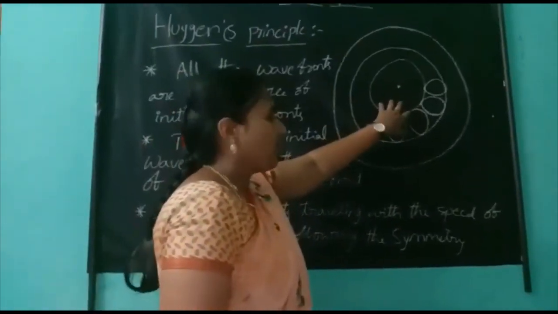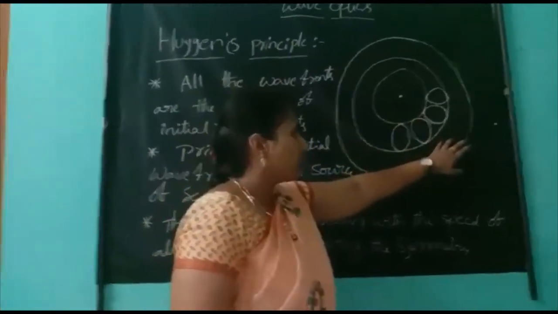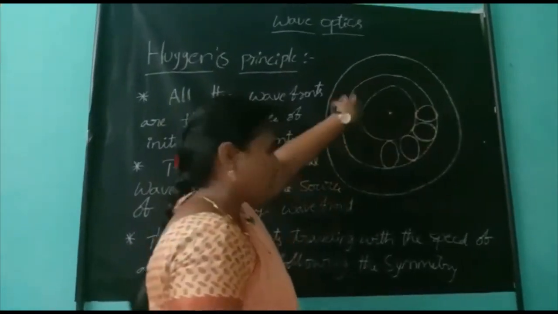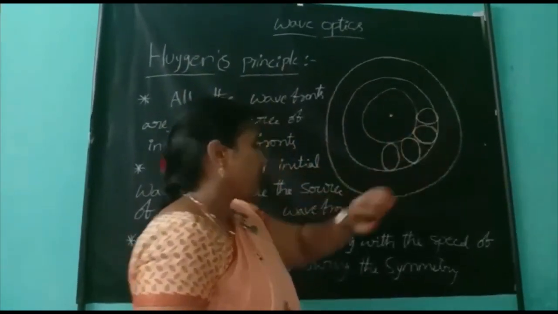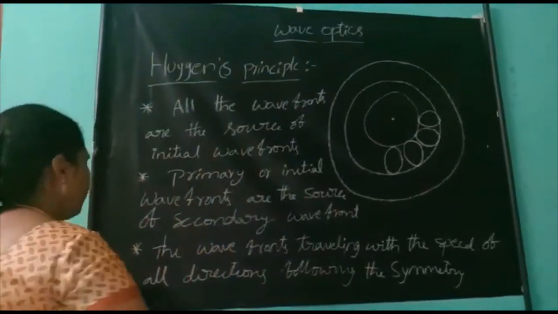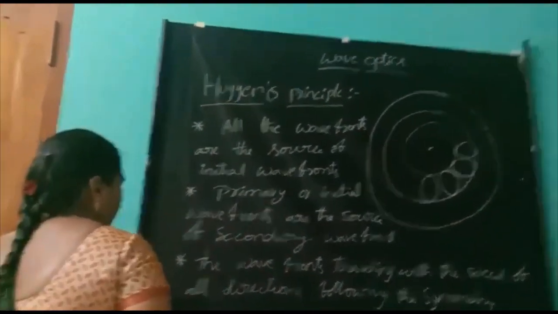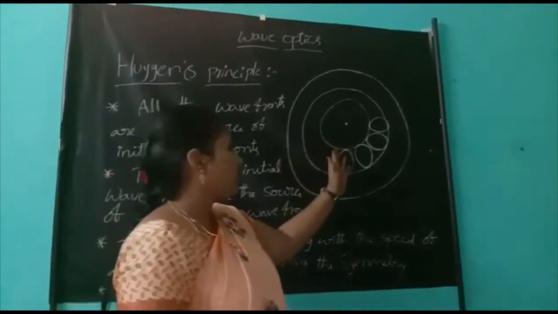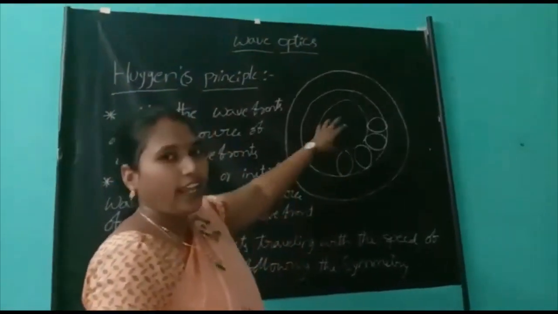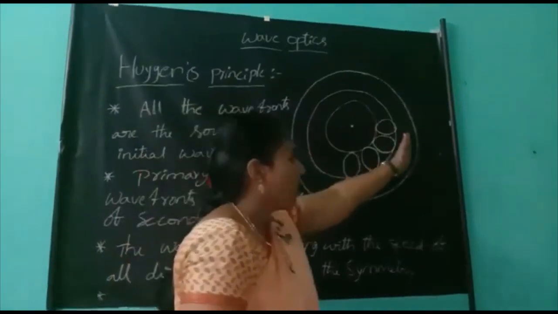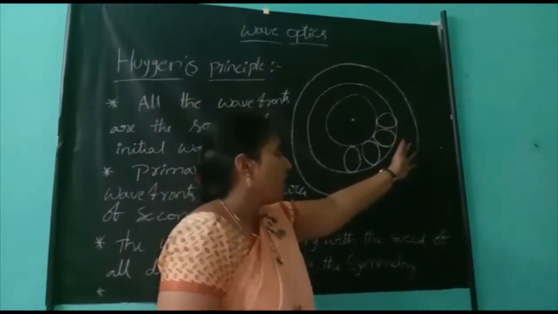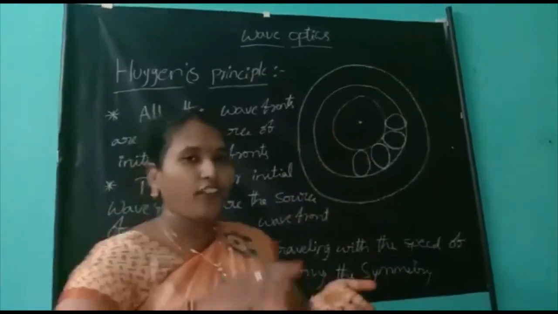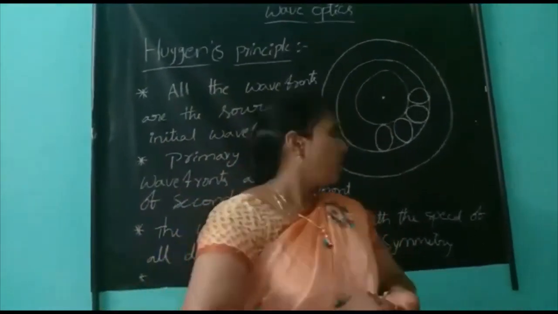All wavefronts move tangentially to the forward direction. Why is it said to be tangential? That means the surface is like this.